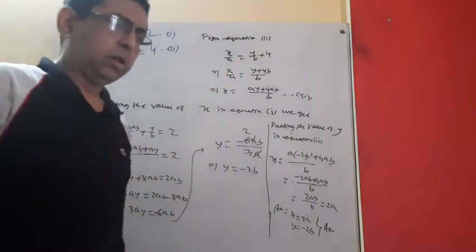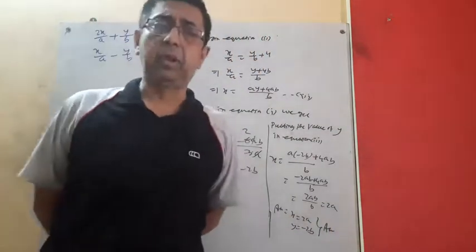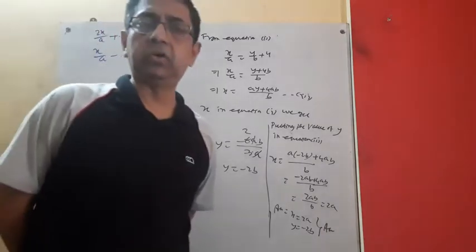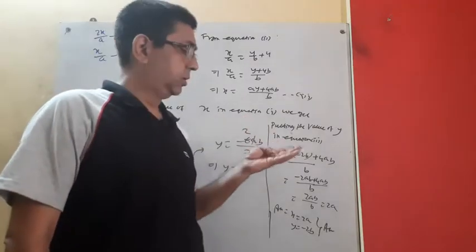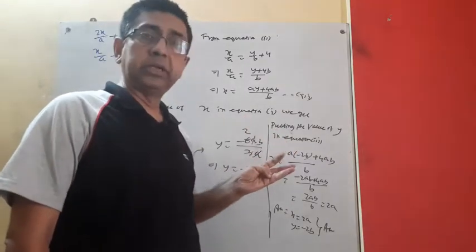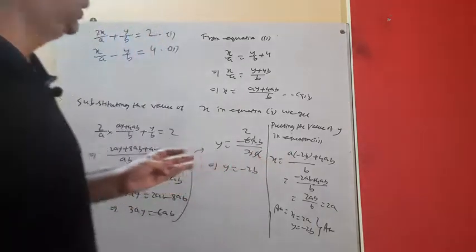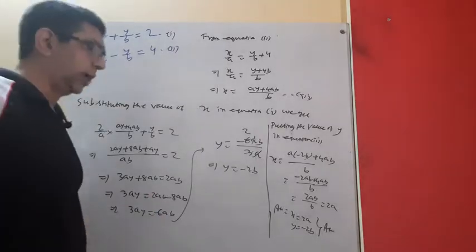Okay, I will upload all the methods of this simultaneous linear equation. Mainly 3 methods I will upload: this one, cross multiplication, and the elimination method. In any way you can solve.